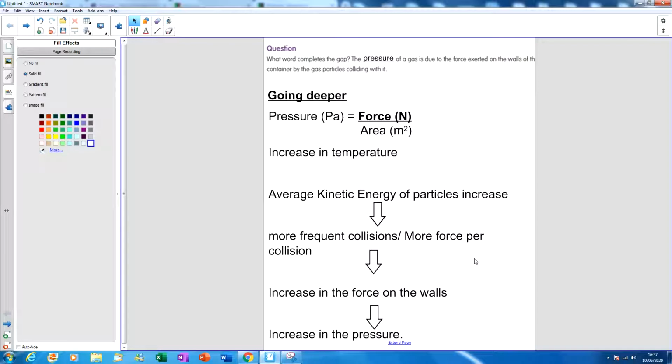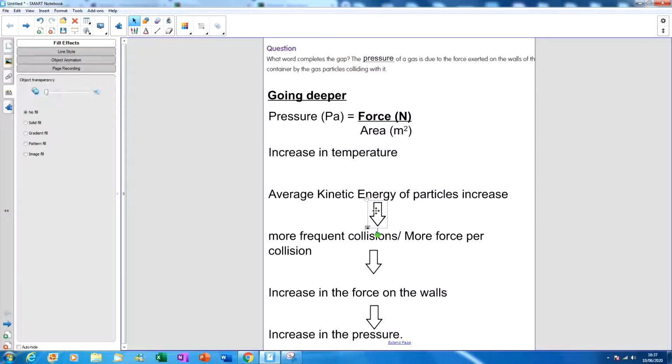So the first thing is, if you heat up something, its temperature increases if it's not changing state. So here, we're already a gas, and there is actually a state of matter which can be achieved if you do heat up a gas to incredibly high temperatures, but that's not discussed at GCSE or A level. So it's not going to change state, but we are going to have an increase in temperature.